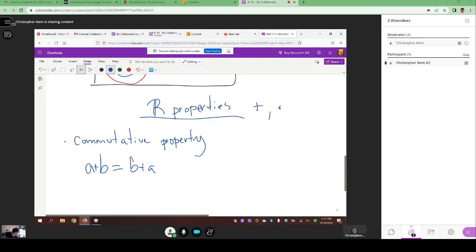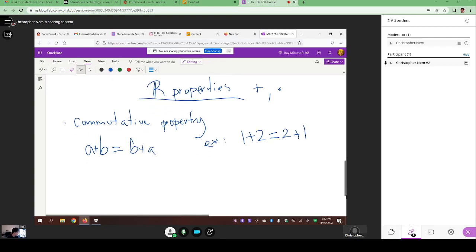The example could be 1 plus 2 is the exact same thing as 2 plus 1. No difference. That's for addition. It also works for multiplication. So we can say A times B is equal to B times A, thankfully.